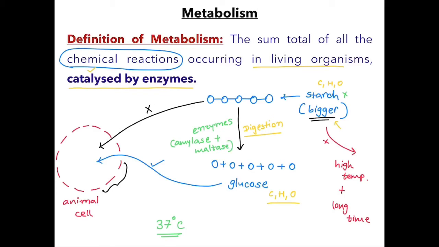So this is how the starch is getting digested into the glucose using the amylase and maltase enzyme inside our body. So now the definition of the metabolism is the sum total of all these kinds of chemical reactions which are taking place in our body and which are going to be catalyzed by the enzymes. So hope now the definition of the metabolism is clear to you.